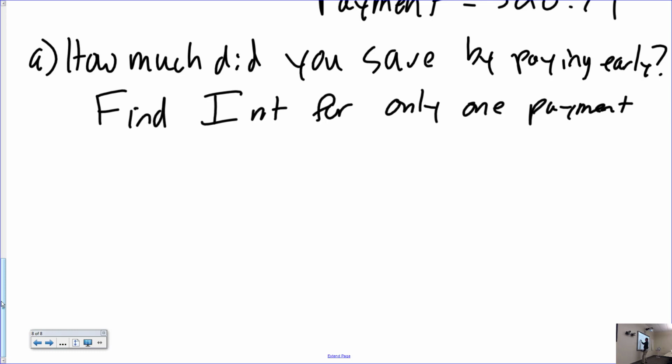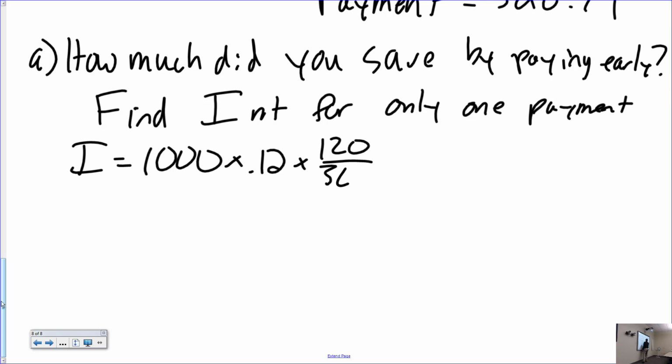So I is going to be the $1,000 times 12% times 120 over 360 days, because it's the full 120 days. Never lowering I or P ever. $40. So we would have paid $40 in interest.